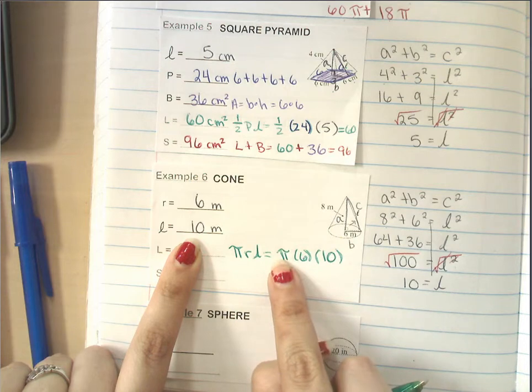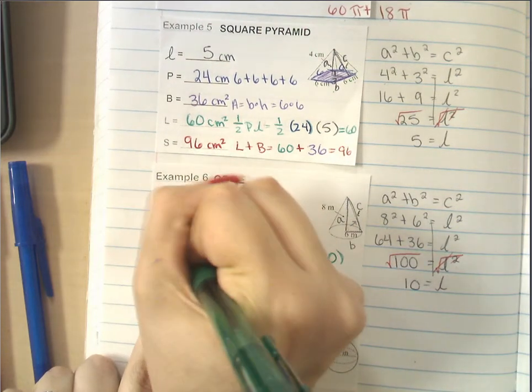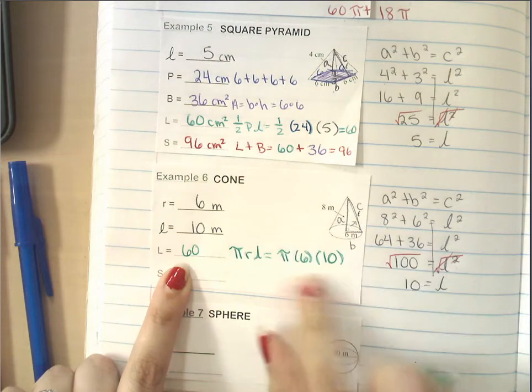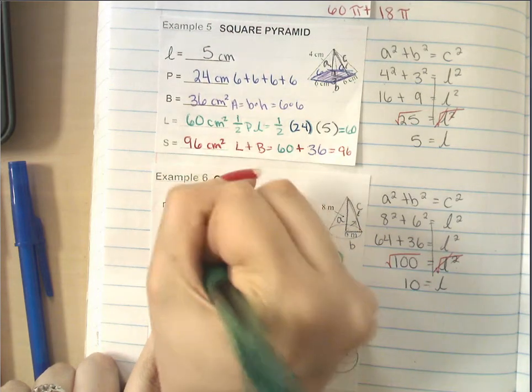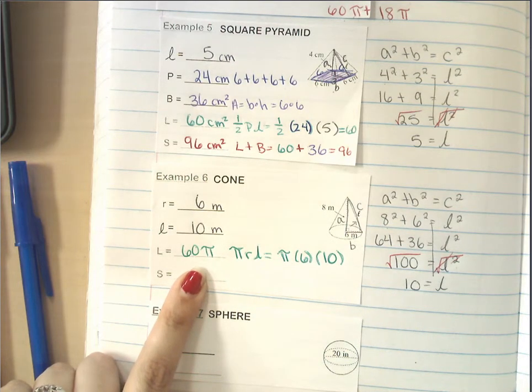Remember, I ignore the pi. 6 times 10 is 60, and since I didn't multiply it with the numbers, I have to keep it in my answer, so 60 pi.